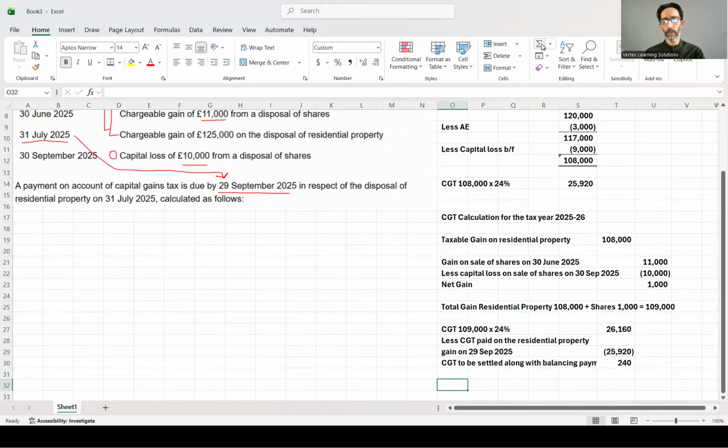So now we could also verify that the gains other than residential property are 1,000. And if we just apply the rate separately on them, 24%, that would be 240.